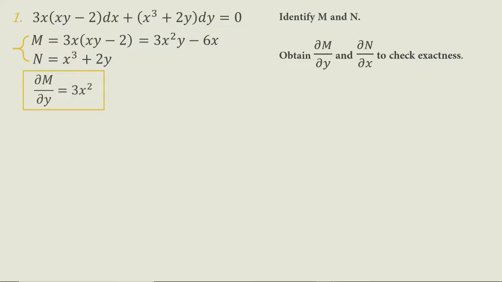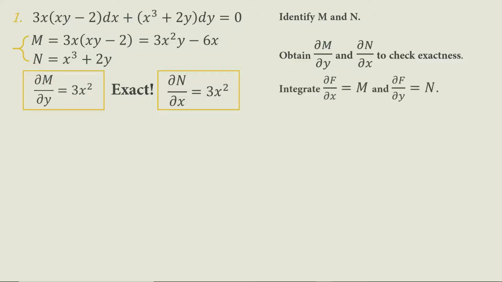The partial derivative of M with respect to y is 3x squared, considering that our x variable is constant: the derivative of 6x is 0, and the derivative of 3x squared y with respect to y is 3x squared. The partial derivative of N with respect to x is also 3x squared, since y is constant and the derivative of x cubed is 3x squared. So this is an exact equation.